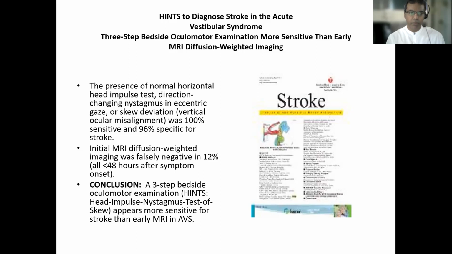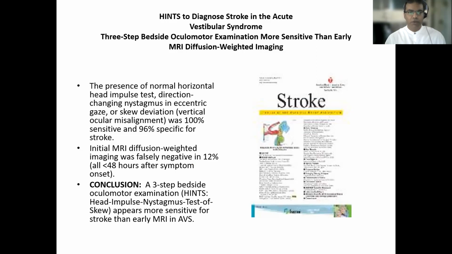In fact, in this paper, they found that a 3-step bedside oculomotor examination, which is the HINTS test, head impulse, nystagmus, test of skew deviation, it appears to be more sensitive for stroke than early MRI. Okay, so this paper actually advocates the importance of clinical examination.